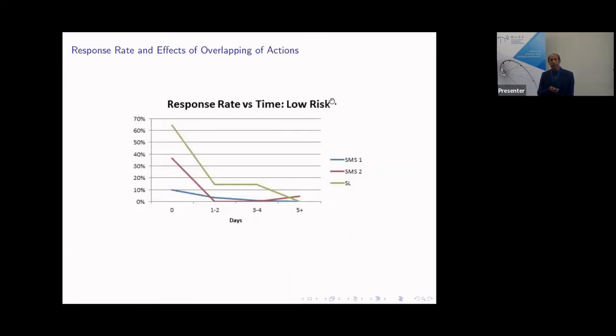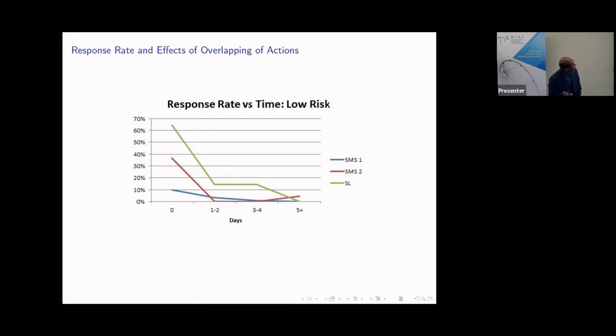You can see that this is the low risk group of people, and their response is, I mean, even 70%, and then it's SMS1, SMS2, and so on. If I take the medium risk one, it's about 60%, 40%, and 10%.